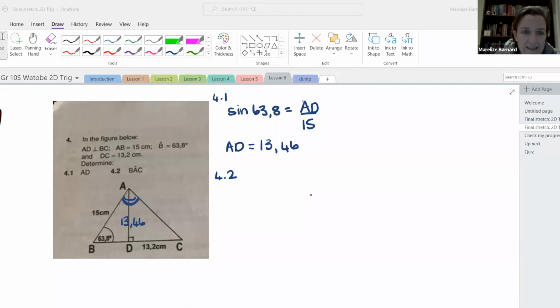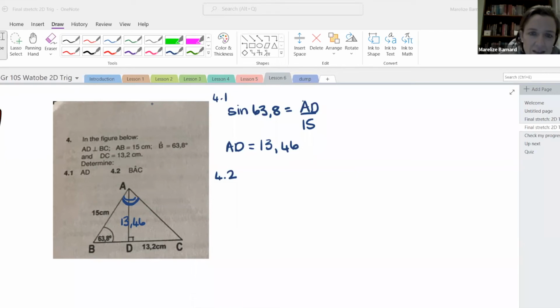So for BAD, we are going to use opposite and hypotenuse. No, wait, I'm lying. Adjacent over hypotenuse, because we are finding the angle BAD. Yes, Sean's right, we need to use cos. I'd love to read all of your questions and thoughts. That's really great, everyone.